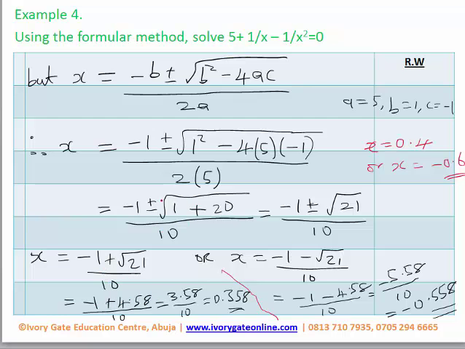So taking this plus minus 1 plus the square root of 21 gives us this. We simplify to get this. Then, when it is minus 1 minus that, we simplify to get that, giving us that the values of x that satisfy the equation is 0.4 and minus 0.6.